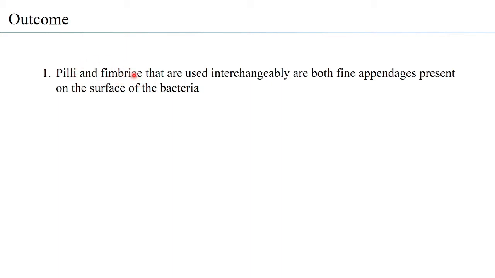So pili and fimbriae are mostly used interchangeably by different scientists across the world, but both are fine appendages that are present on the surface of the bacteria, as we just saw in the confocal microscopic picture.